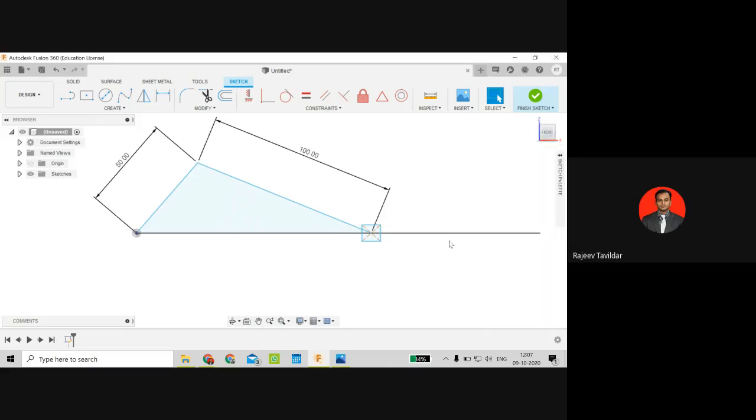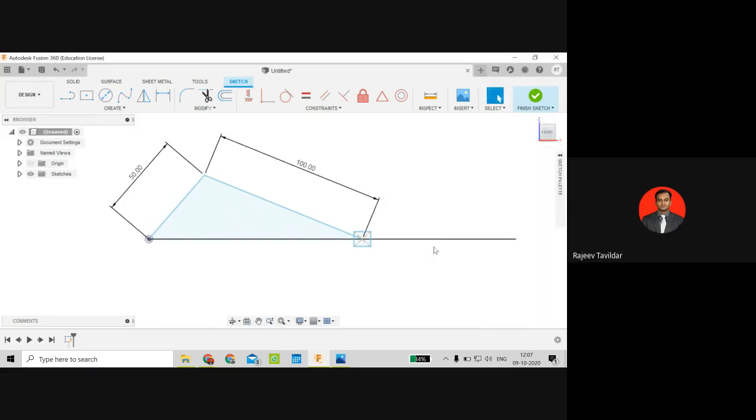Okay, the next question now arises, what would be the extreme right position of this slider? See, the slider can move towards the extreme right only when this crank and the connecting rod are along a straight line. That's the maximum possibility.